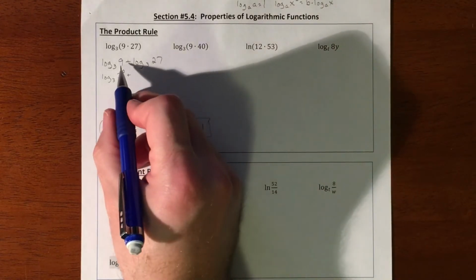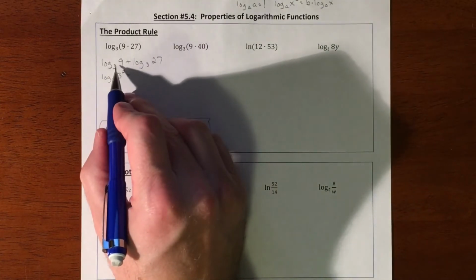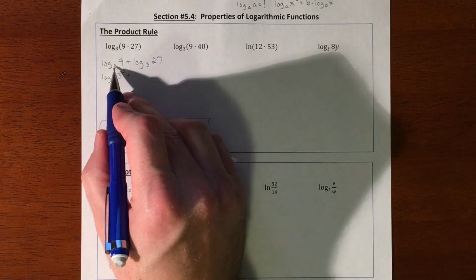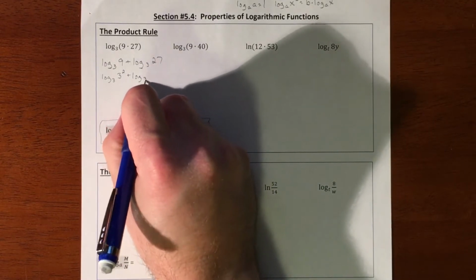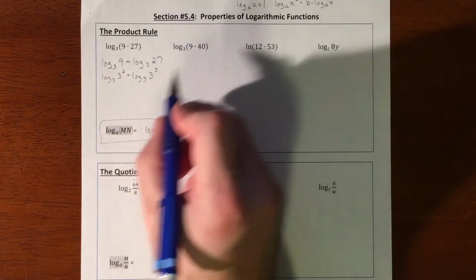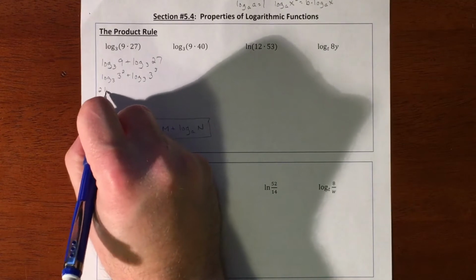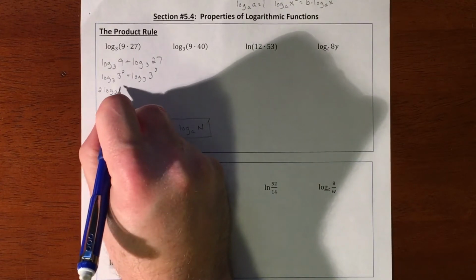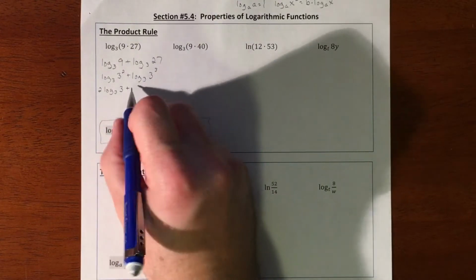All right, so if you have something like that, it's not a coincidence, if this is a non-calculator problem, that 9 is a bunch of 3's and 27 is a bunch of 3's. So I rewrite it as that. Because logs don't keep exponents, we pull the 2 in front. You'll have to double check what the directions are asking for. Is it just asking you to break it up, or is it asking you to simplify?